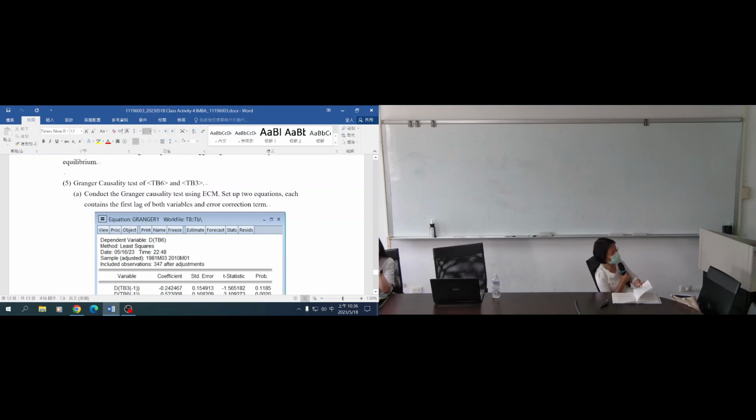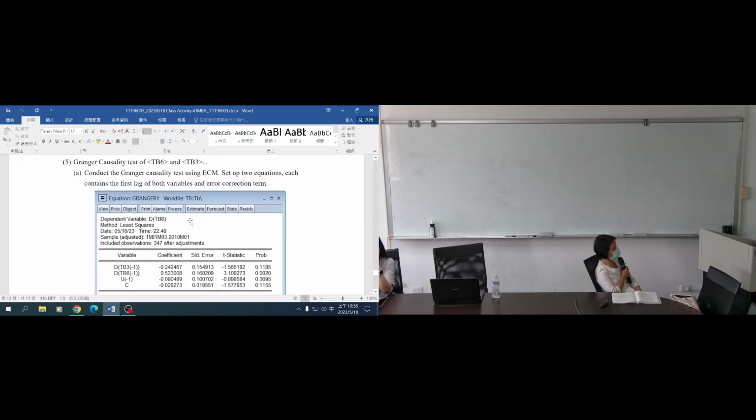No, the Granger causality test means that we want to check which events always precede, it's always preceded by another event. And ECM has a different purpose, so we cannot use the Granger causality test.